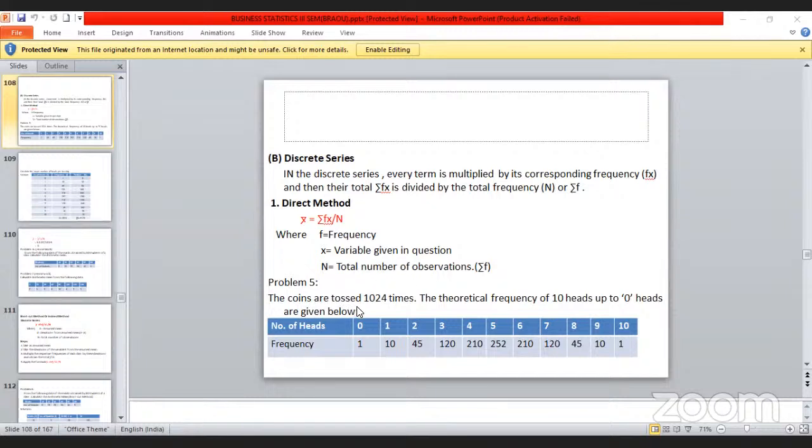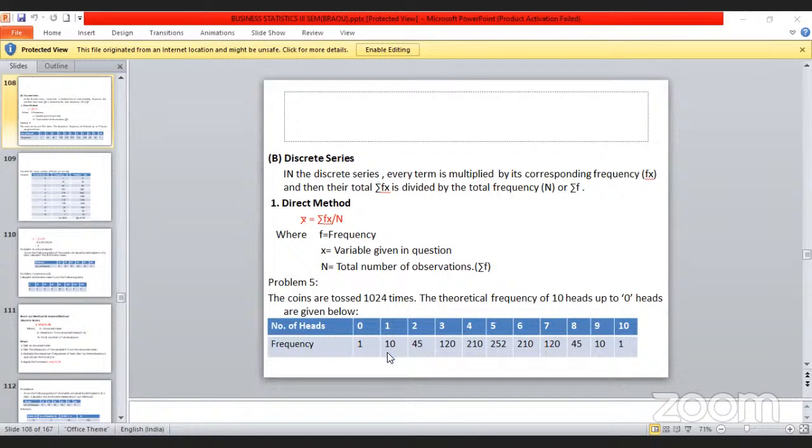So here I am telling the question: the coins are tossed 1024 times. The theoretical frequency of 10 heads down to 0 heads is given below. In this, we have number of heads 0, 1, 2, 3 like that till 10. And the frequency: for 0 heads, the frequency is 1.